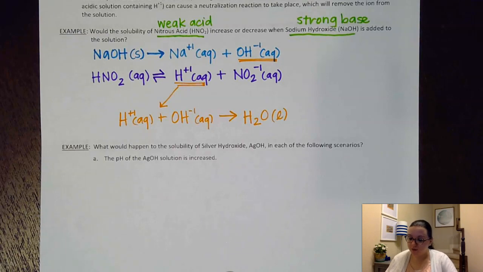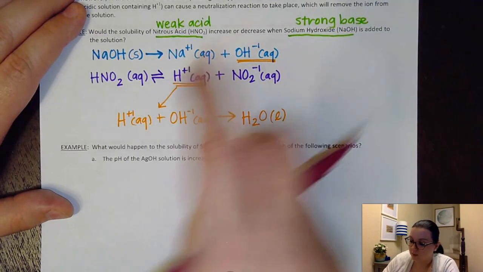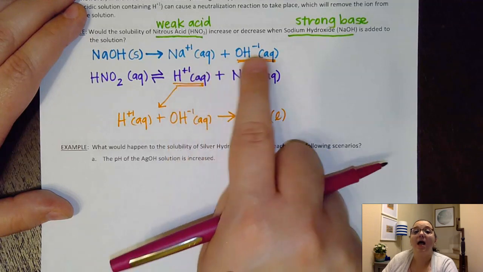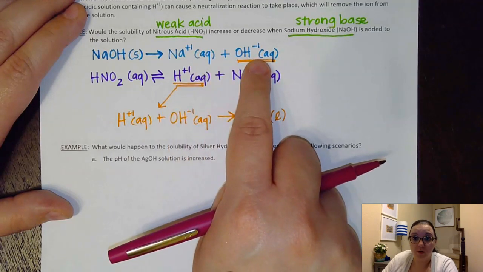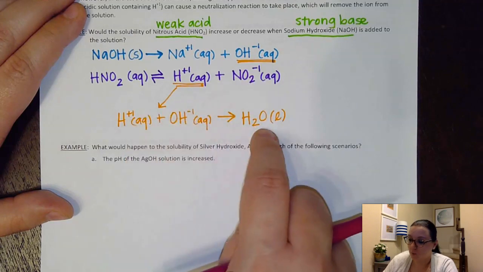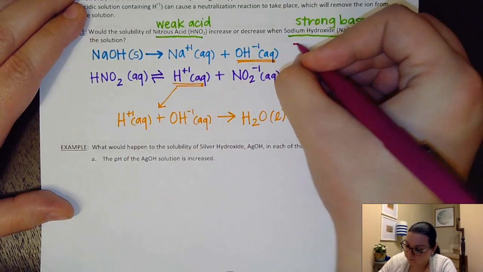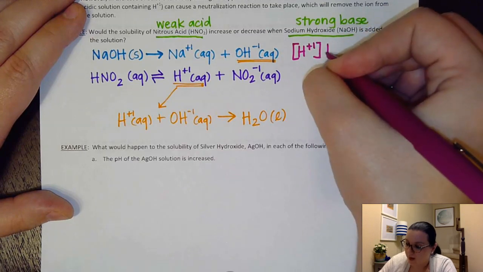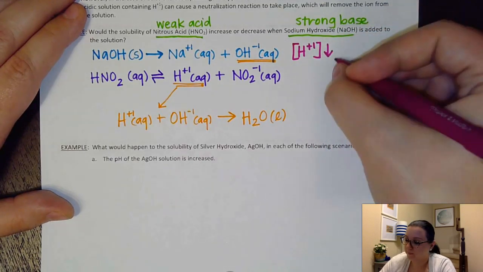So to talk through this process, again, when the H from the nitrous acid and the OH from the sodium hydroxide are interacting and making water, what I'm effectively doing is reducing my hydrogen ion concentration.